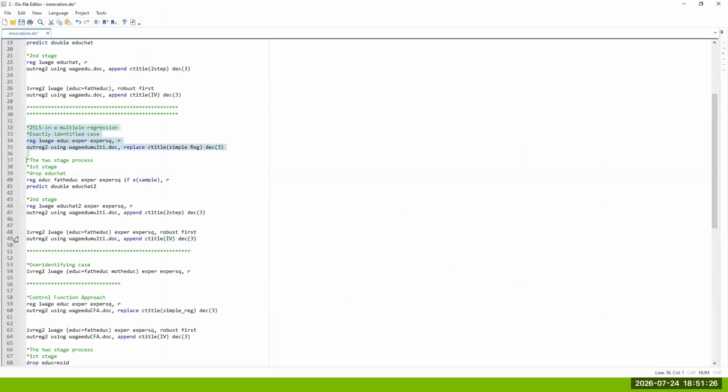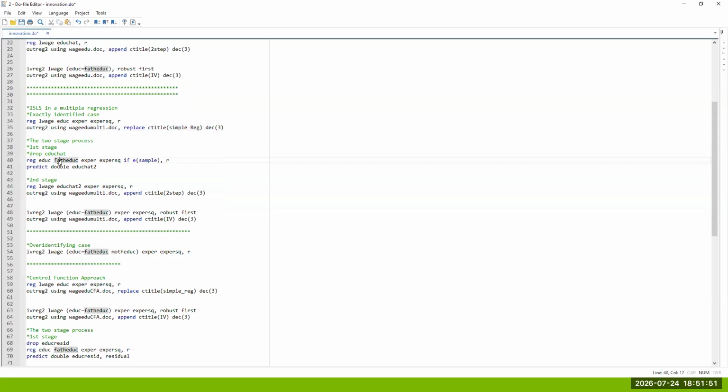So in this do file, I start off by having wage, education, experience square, and then r here is just robust. The code I use in exporting my results into Microsoft Word is outreg2. You can also use that if you don't already use it.